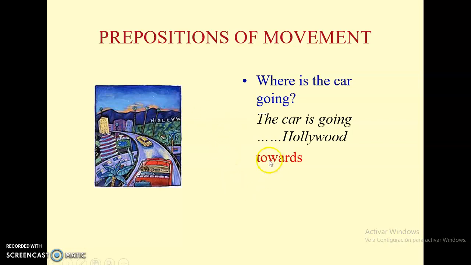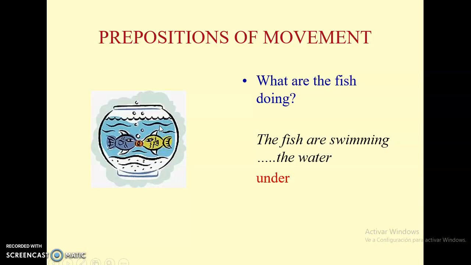So they are going towards that destination. It's the place where they want to go, so we use towards, not away. Maybe if this car were facing this way, I would say that the car is going away from Hollywood, but it's not the case because they are driving to Hollywood. Okay, they are tourists.